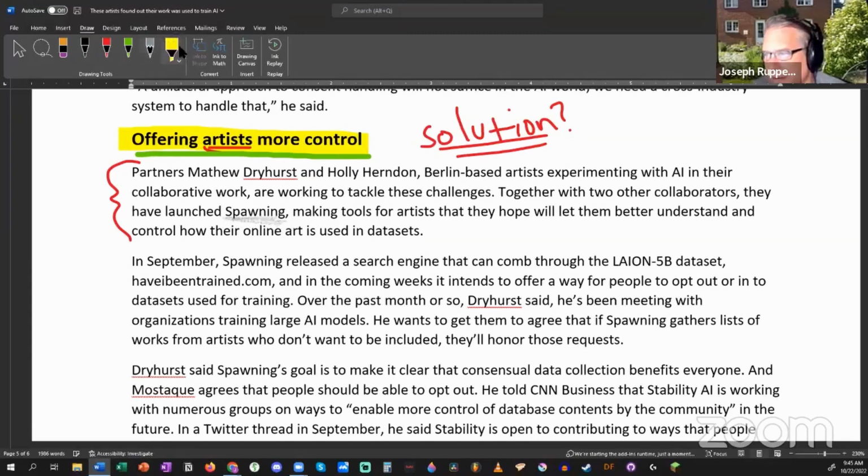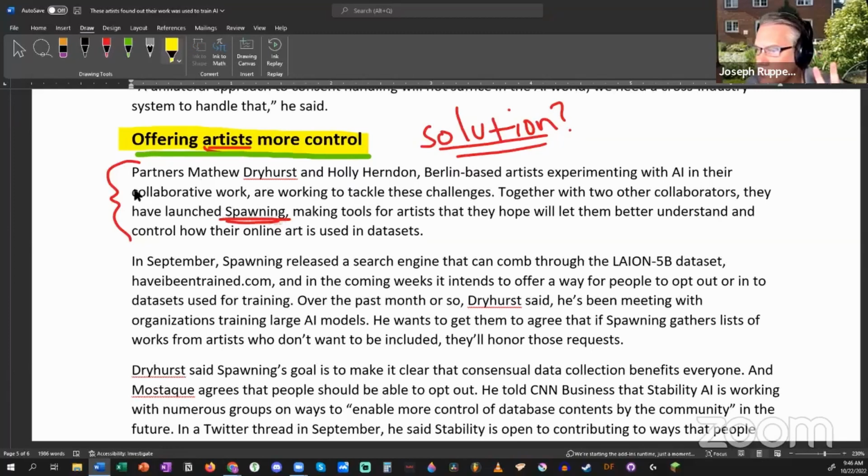But if I'm an artist and I'm not working on a computer, I'm just in my studio, do I want to deal with another program like this? I don't know. It sounds like too much.